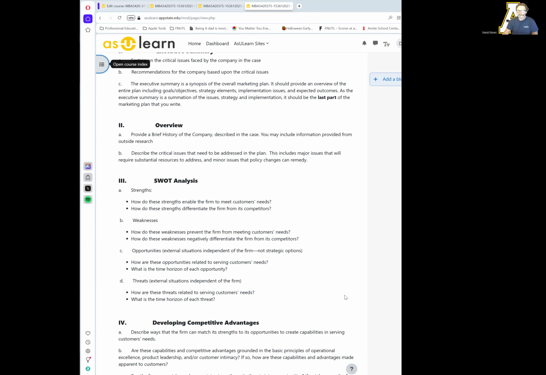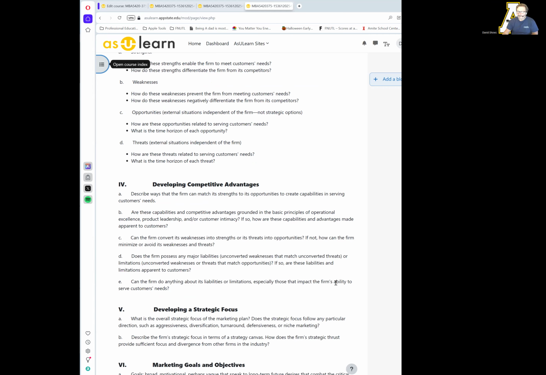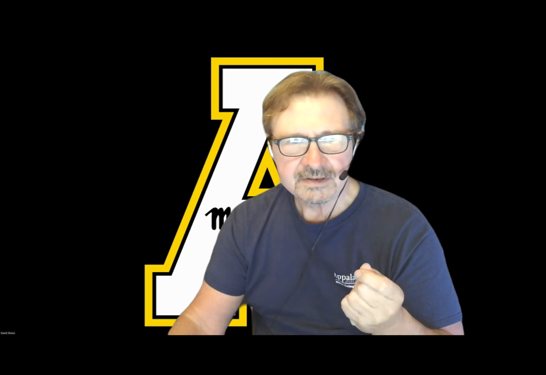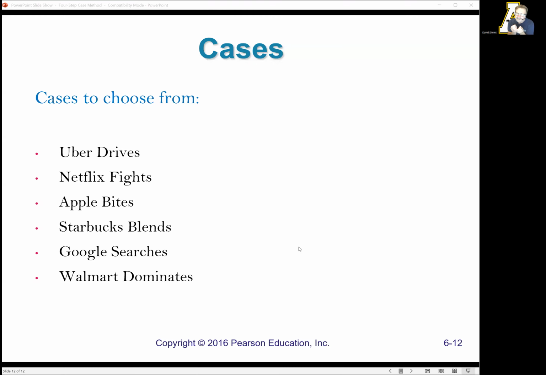The next section is defining the competitive advantage. What is the unique thing about each one of these firms that makes them special? What is it about Uber? What is the core essence of what Uber does?